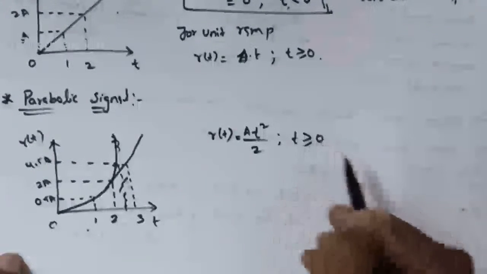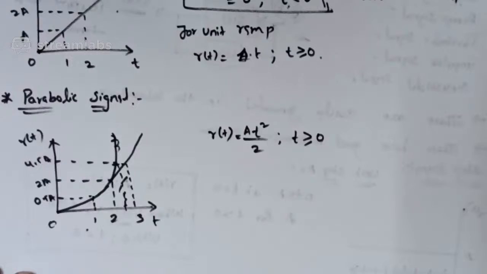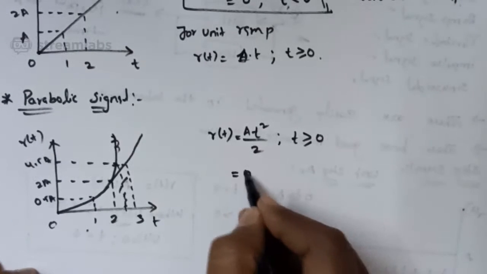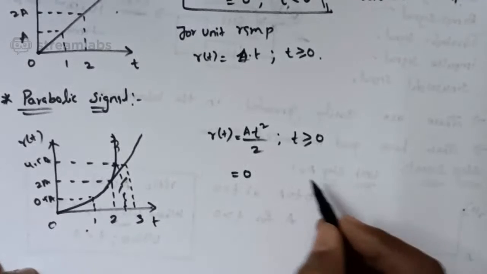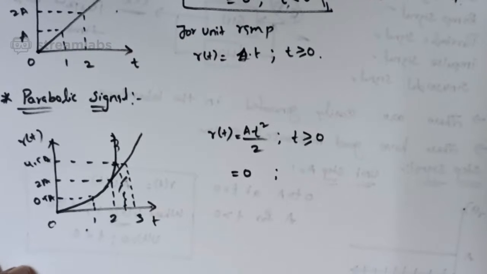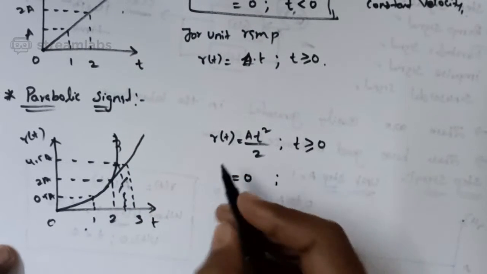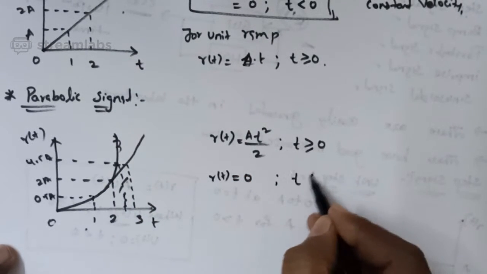t is greater than or equal to 0. And r of t is equal to 0 when t is less than 0.